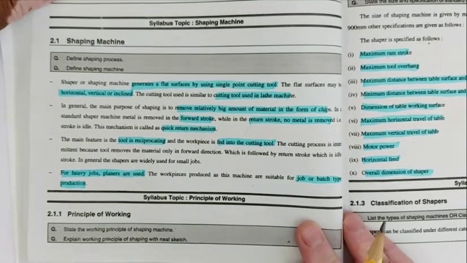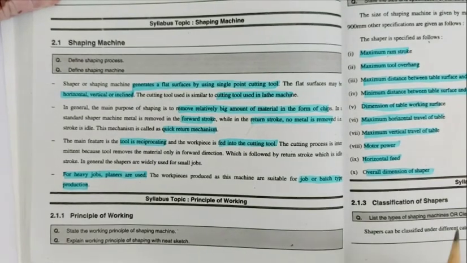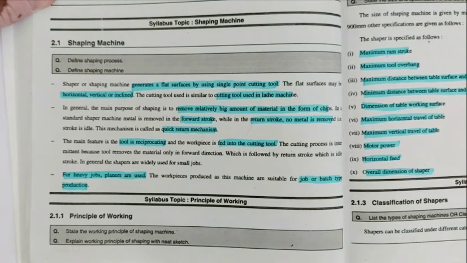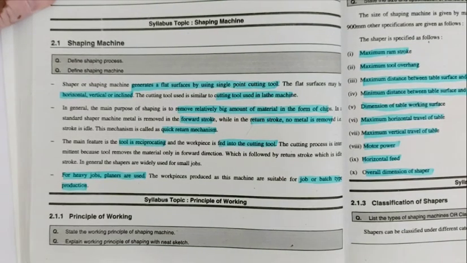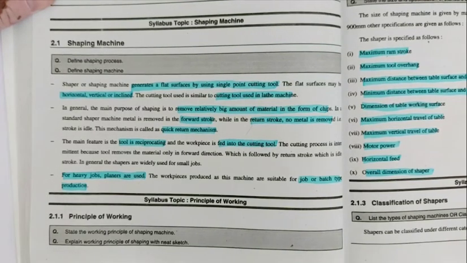For heavy jobs, planers are used, with the same purpose of cutting horizontal surfaces. These machines are suitable for job and batch type production.